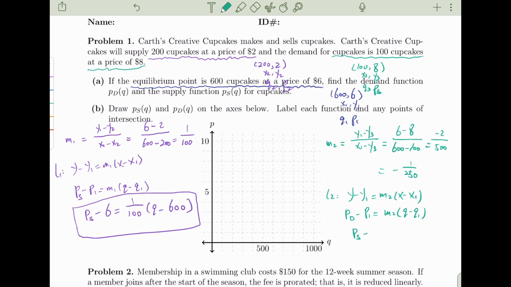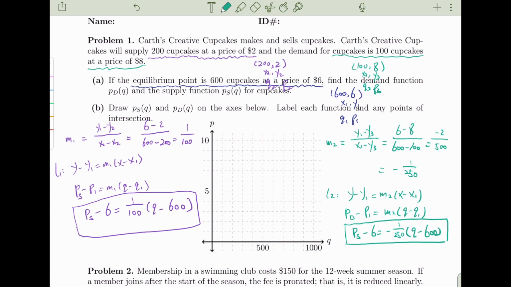And now I can substitute the point into this line. My P1 is 6 and M2 is negative 1 over 250. And Q1 here, it's 600, right? So now I have my L2, the green line, the demand line, worked out here.